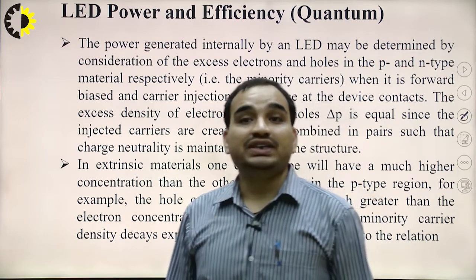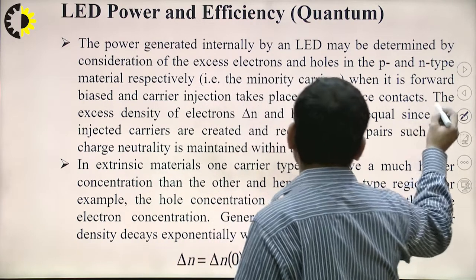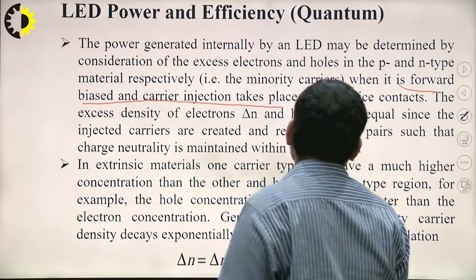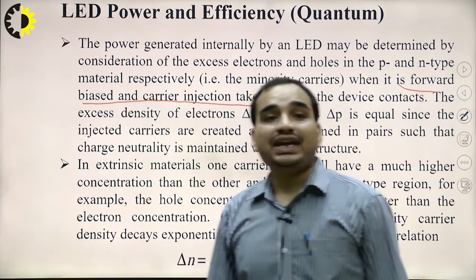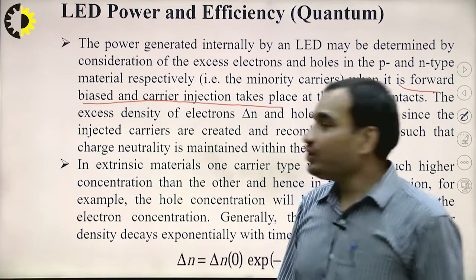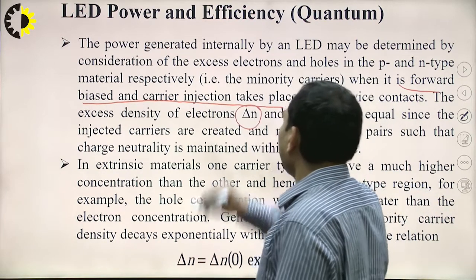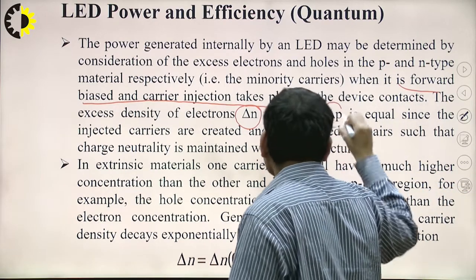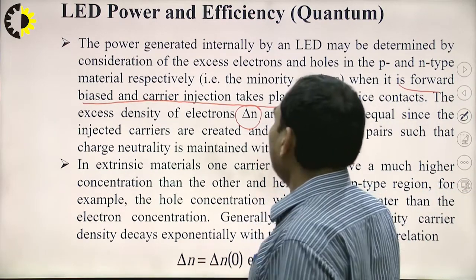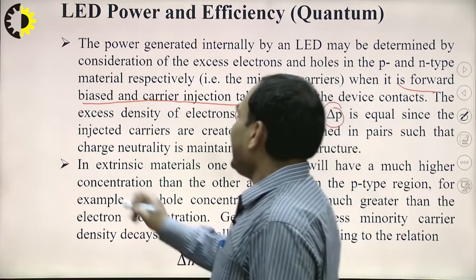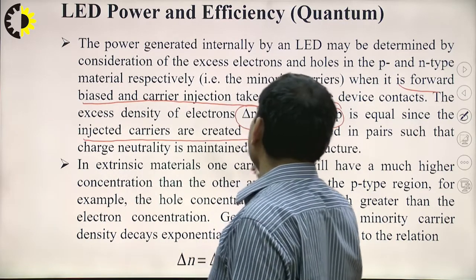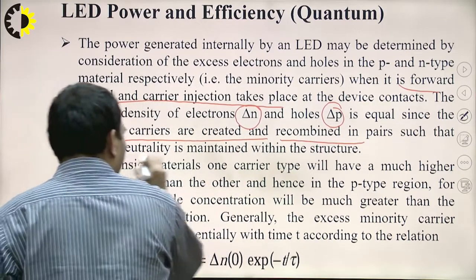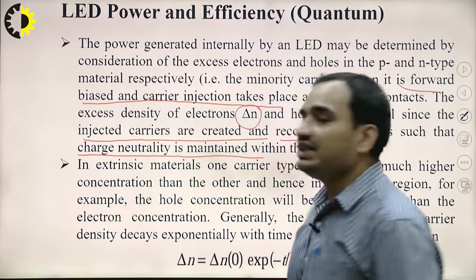When we have forward bias and carrier injection takes place at the device contact, the excess density of electrons, denoted by delta n, and holes, denoted by delta p, are equal, since the injected carriers are created and recombined in pairs such that charge neutrality is maintained within the structure.